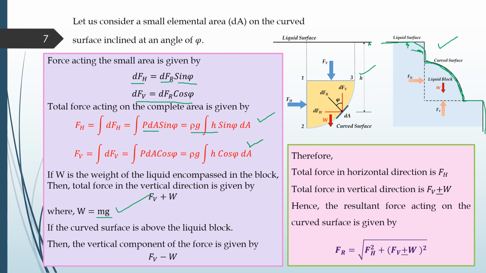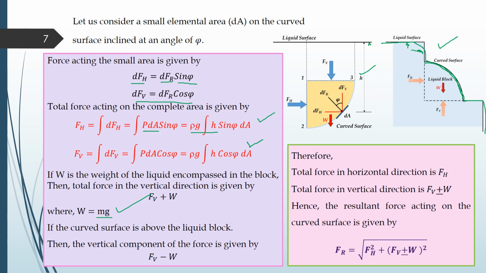So in that case, again, we will analyze the system in a similar way, but the force acting on the surface will be in the upward direction. So the vertical force which will be acting on this surface will be given by Fv minus W, because weight will always act in the downward direction.